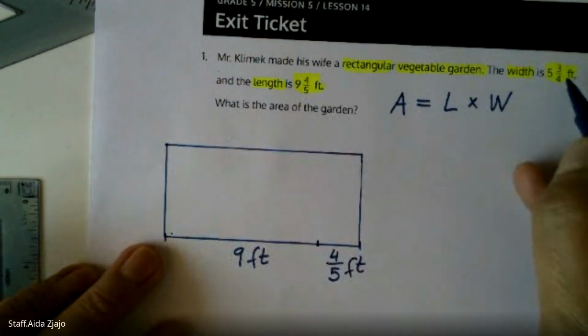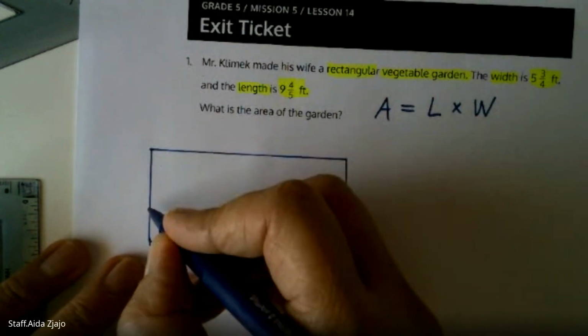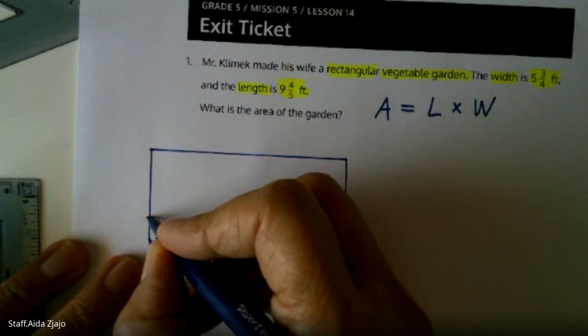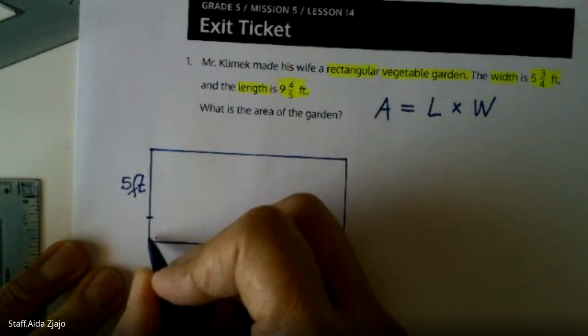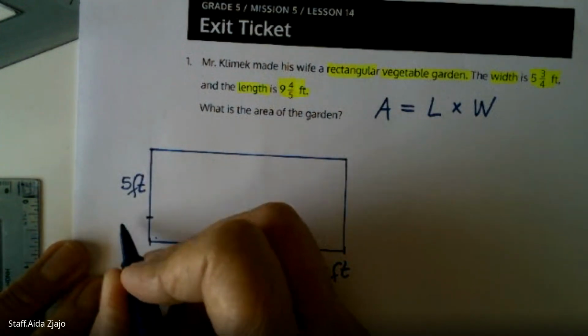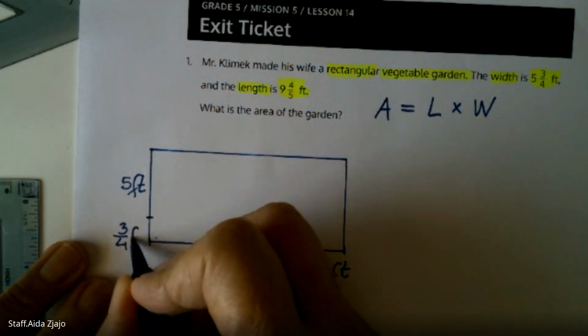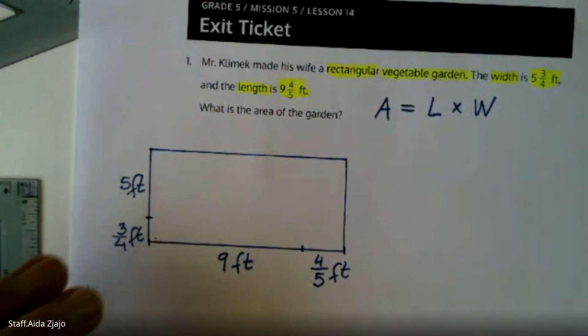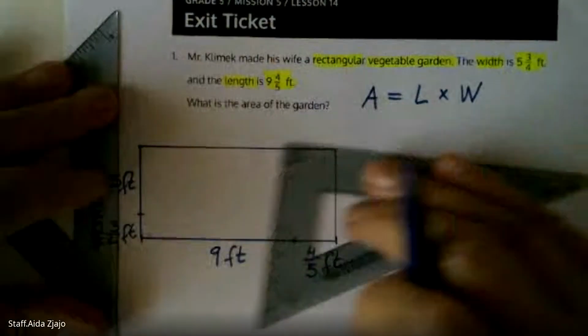Then I need a 5 3/4. So I'm going to do 5 feet about till here, and then this little part will be 3/4 feet.